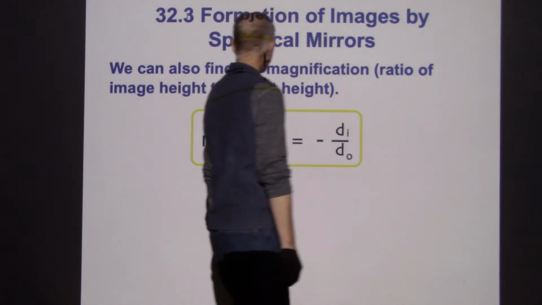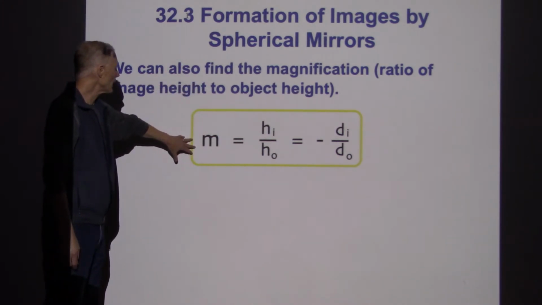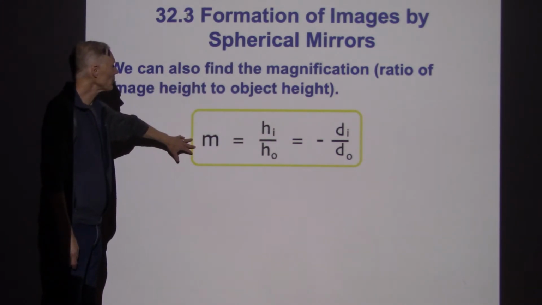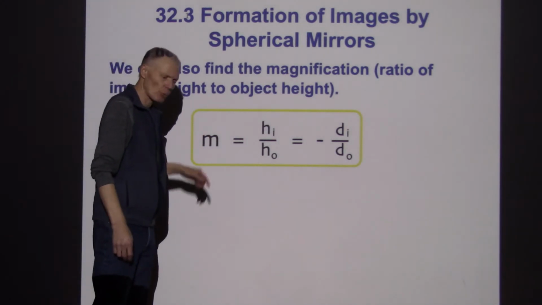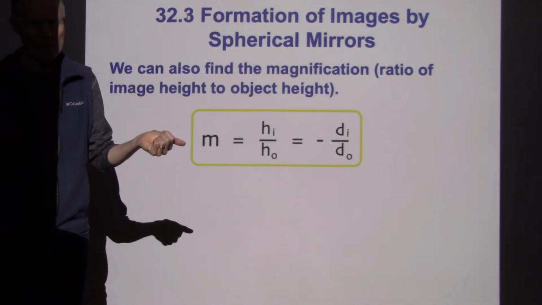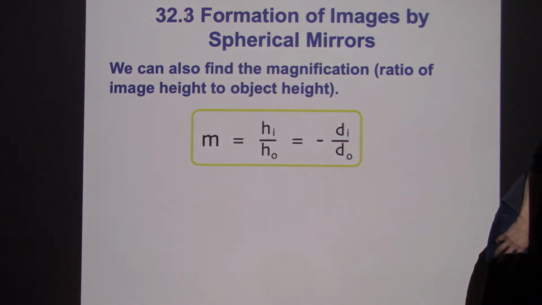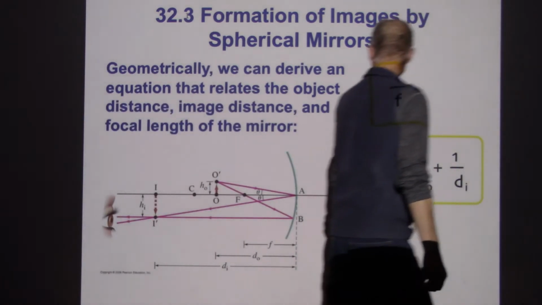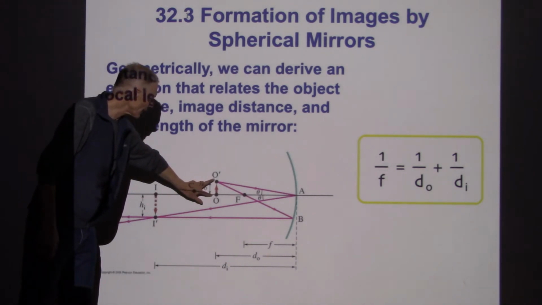Now, along with the focal length formula, we also have what we call a lateral magnification. And so magnification is defined this way. It's HI over HO, H of the image over H of the object. And if we go back and take a look at our diagram, here is the height of the object.